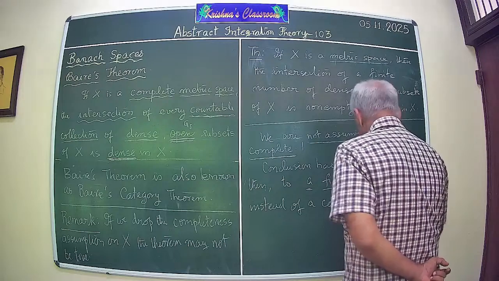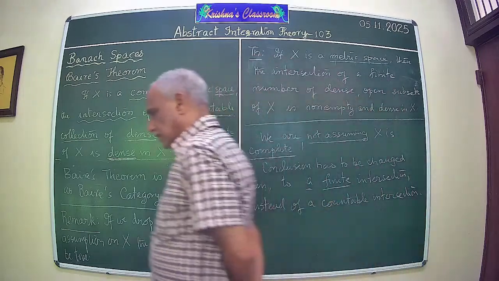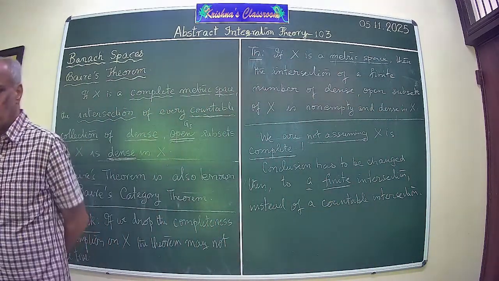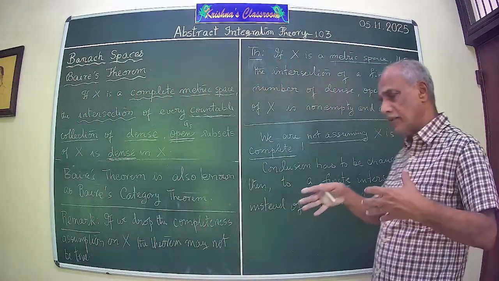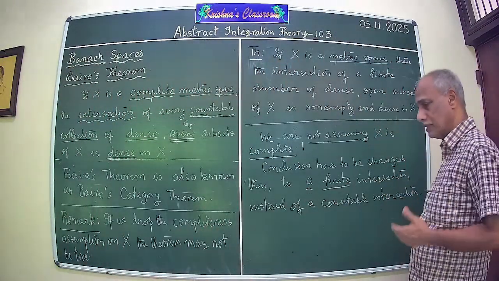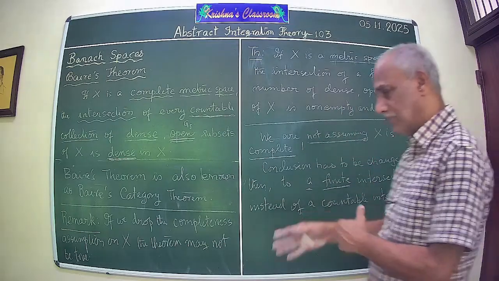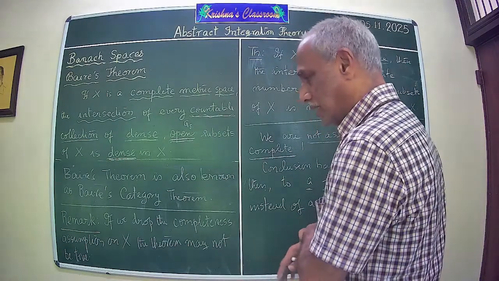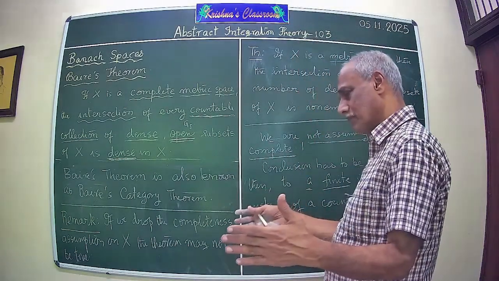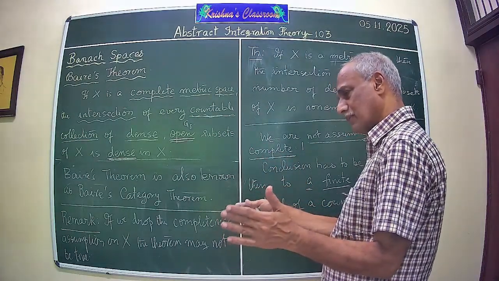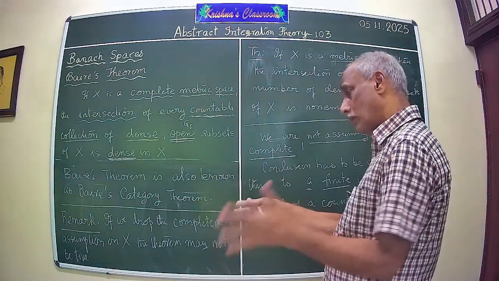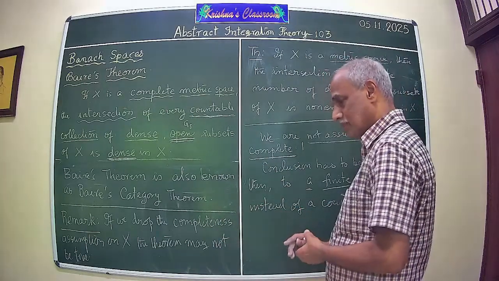Now here you go to the proof of the Baire theorem. Suppose you terminate at some intermediate stage, say a finite stage, then you get a finite sequence. This is a finite sequence that you are constructing, and they are all there in that set.